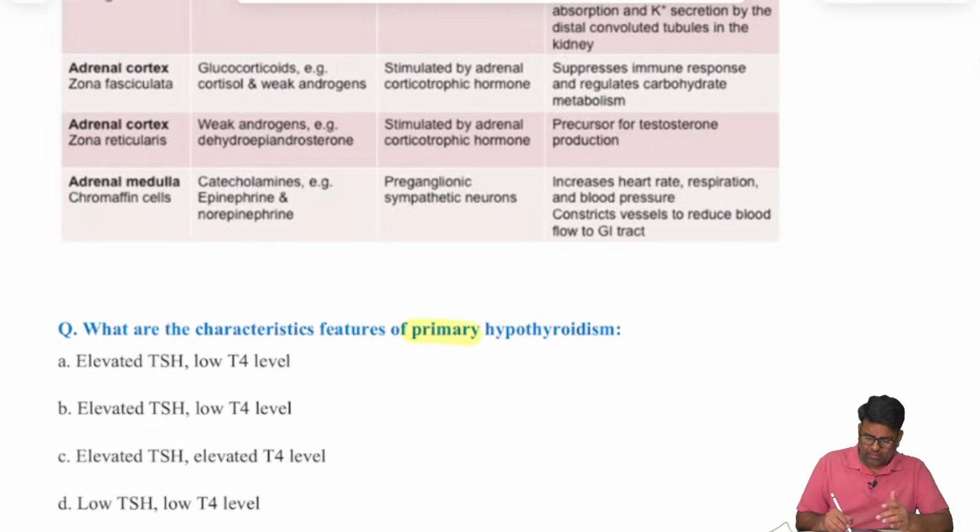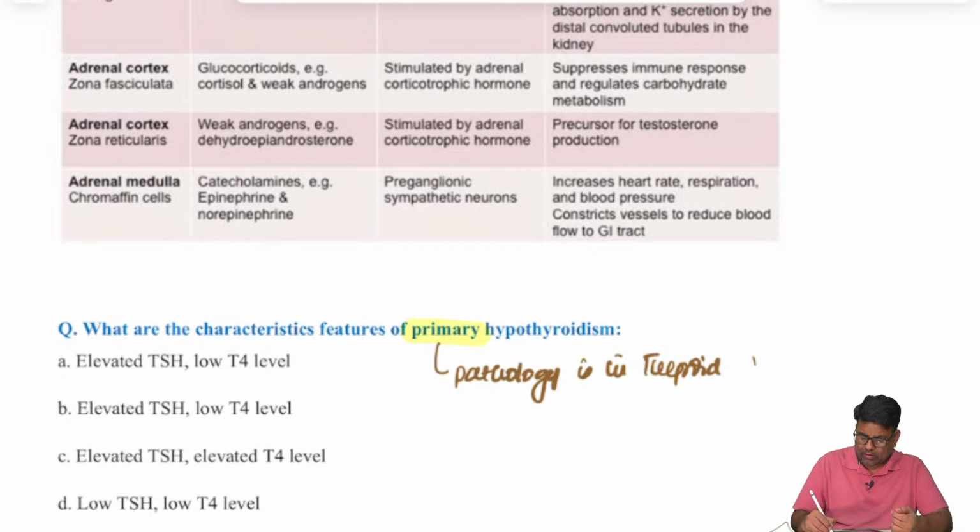Now primary hypothyroidism we have already discussed in the previous session. Here primary means that the pathology is in the thyroid gland. Clear? If there is thyroid gland pathology, obviously there is low T3, low T4.